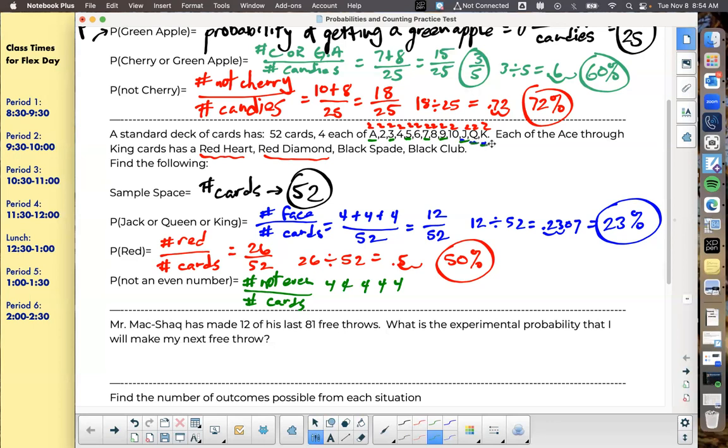Jack, queen, and king aren't even because they're not even numbers, same as an ace. So we've got 4, 4, 4. How many 4s do we have? 1, 2, 3, 4, 5, 6, 7, 8. 8 4s. That means there's 32 out of 52. 32 divided by 52, according to my professional calculator here, is 0.6153.